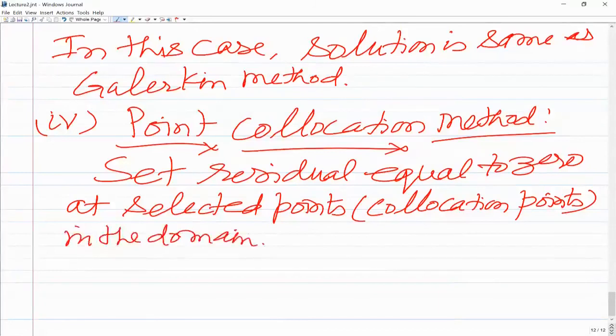And the number of collocation points would be equal to the number of unknown constants in the approximate solution, after of course satisfying the boundary condition.